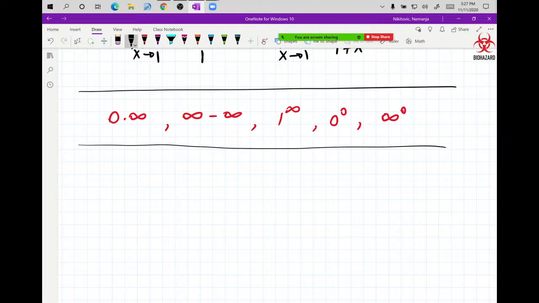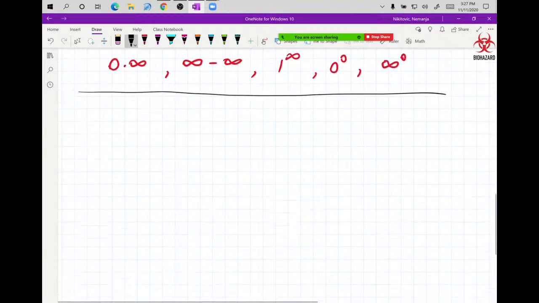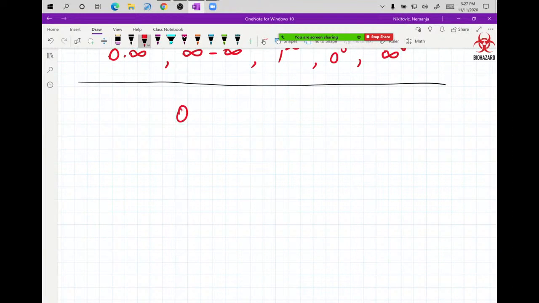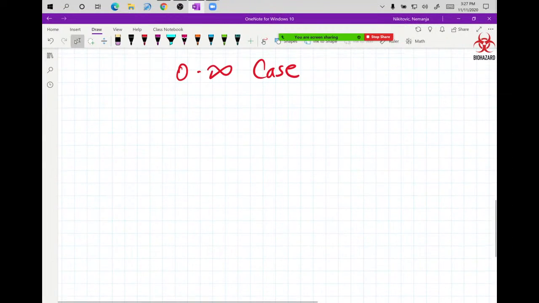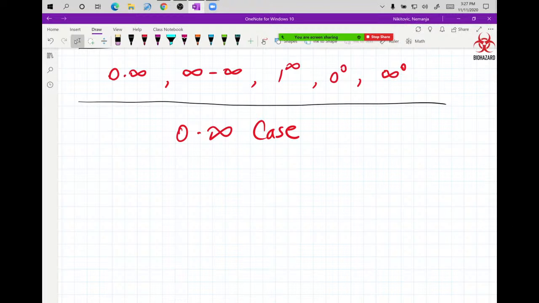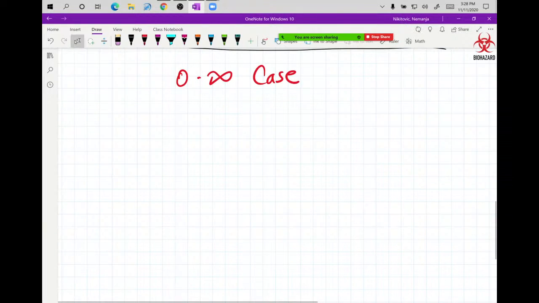So we start by understanding, well, so let's call this the 0 times infinity case. Right, that's our title. We'll have special titles for all, well, not for all of them. The first one, the second one, and all 3 of these go together because the method of solving is the same. It's the exponential form, right? All right, so we have to go through these 3 cases. The first one being 0 times infinity.